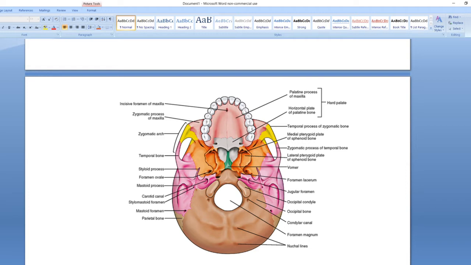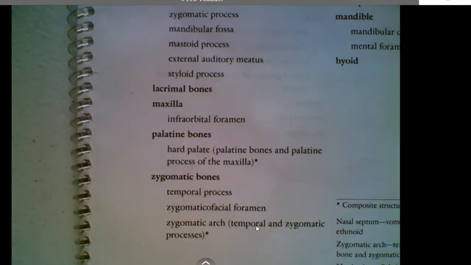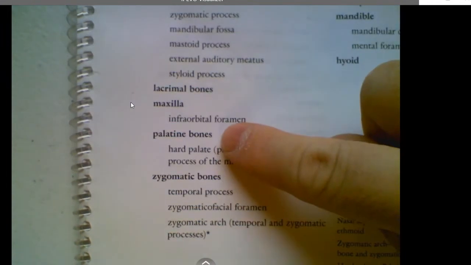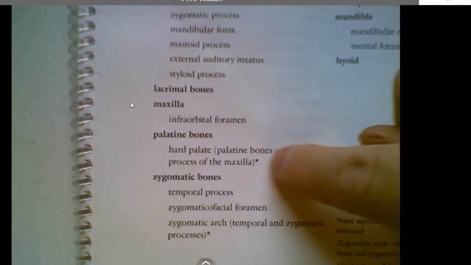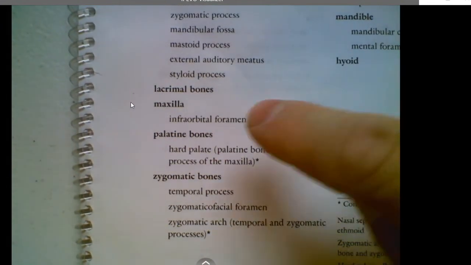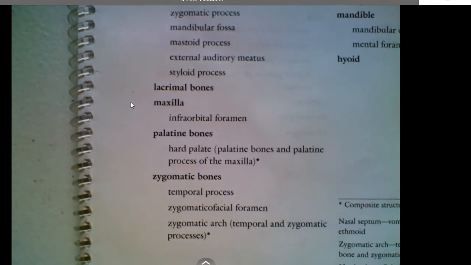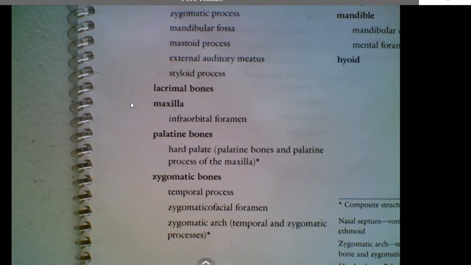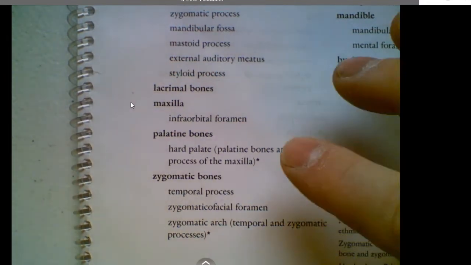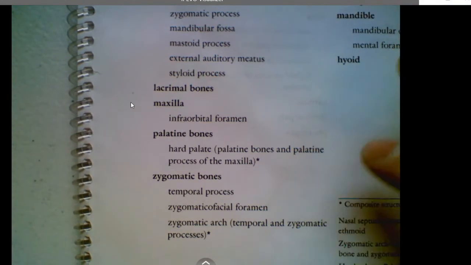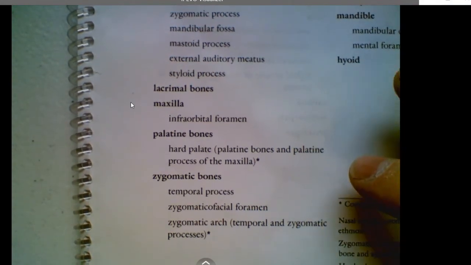Now I'm going to go quickly back to our list. I'm going to move my list back. Let's look at this list really quick. So if you look at the list, under the palatine bones, it says the hard palate. Now, our hard palate is simply the entire roof of your mouth, okay? And then it says the palatine bones and the palatine process of the maxilla make up your hard palate.